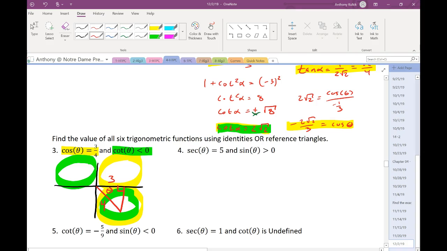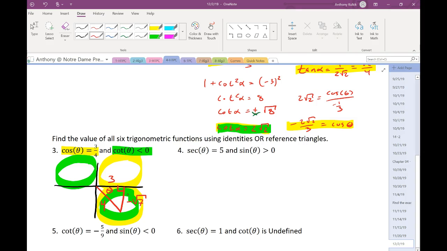And then using the Pythagorean theorem, 16 minus 9, so that's square root 7 for that side. Since it's in the fourth quadrant, and that side is the up and down side, I know that's negative. Then I can just use my SOHCAHTOA definitions to figure out the values for sine or tangent or secant or cosecant.